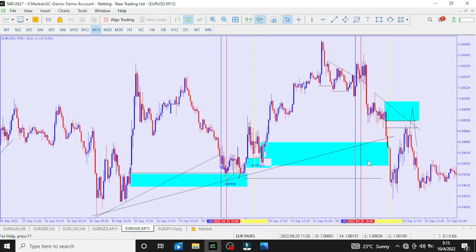So I knew definitely, and I shared this thought with my friend. I told him that the price just broke our point of interest, and my bias has changed.